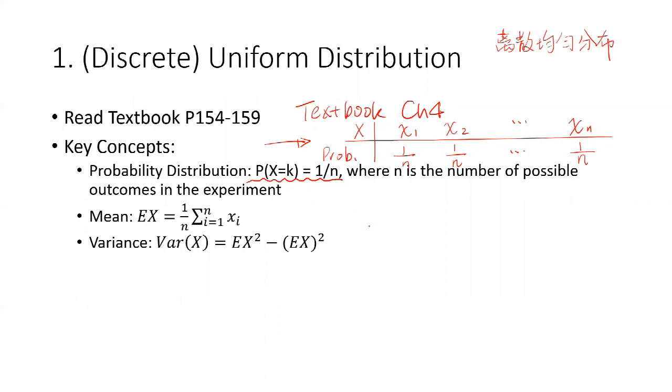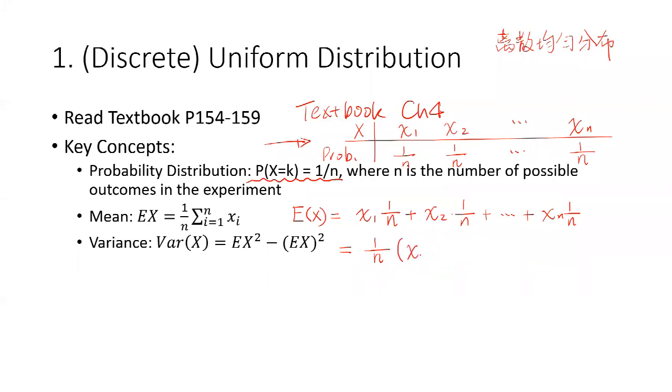Okay, so what's so special about discrete uniform distribution? When we calculate the mean, it's x1 by 1 over n plus x2 by 1 over n plus xn by 1 over n, right? Because 1 over n is a common factor, so we can put it in front according to the distributive law.